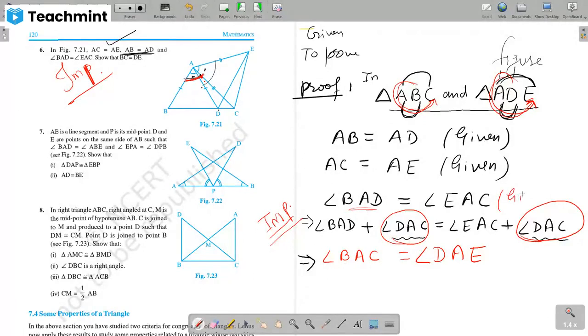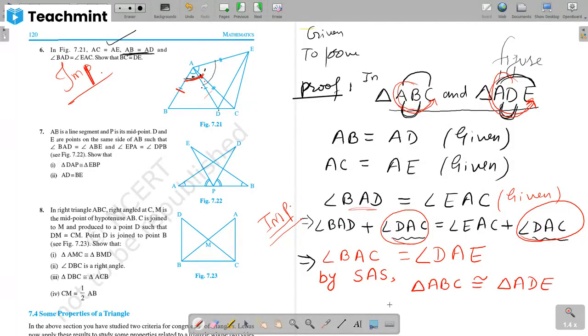And these two angles are equal because this is given in the question. And after that, we have added angle DAC to both sides. So we got these two angles equal. So now by which criteria? Side angle side. We have included this side, this angle, and this side. So by the side angle side congruency criteria, triangle ABC is congruent to triangle ADE.